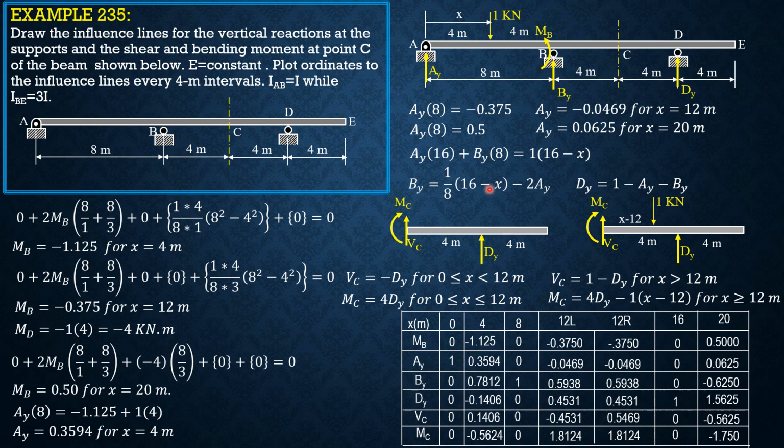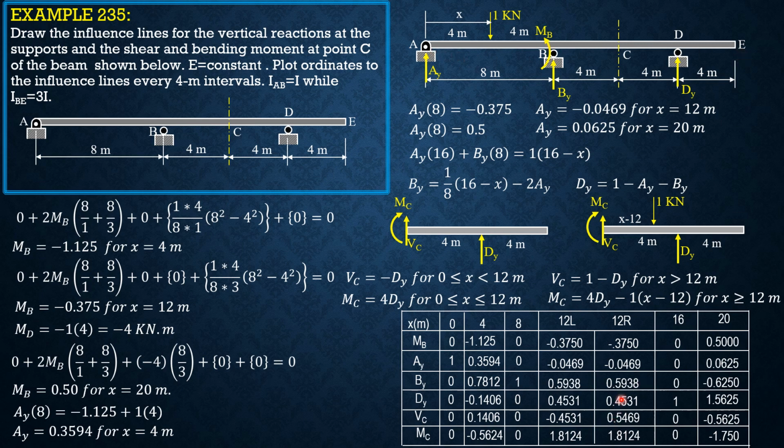Then for DY, this is the expression: 1 minus AY minus BY. So 1 minus 0.3594 minus 0.7812 is the value of dy when x is 4. Then dy is only 1 when the unit load is over D. The rest, over the supports, it is 0.